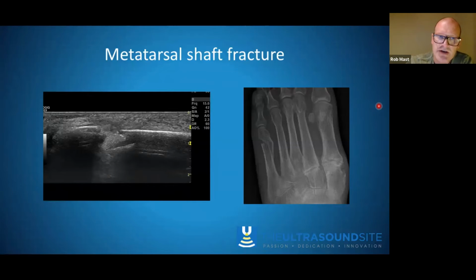And because ultrasound is so sensitive, it can pick up very small changes, and it might be misinterpreted, particularly when people are quite new to it.